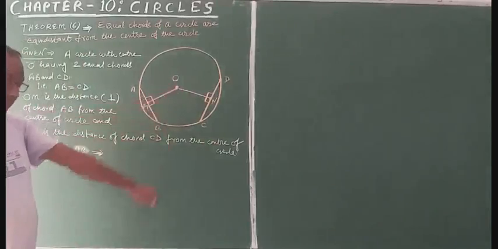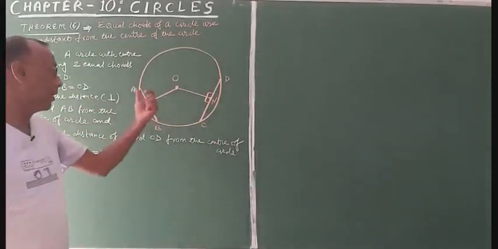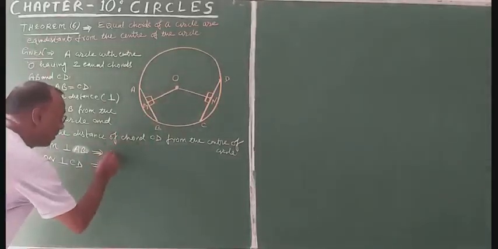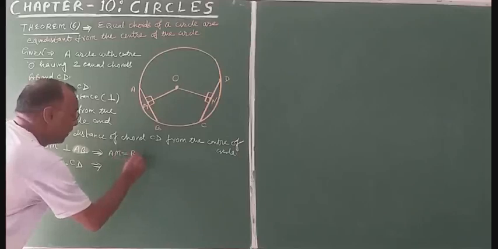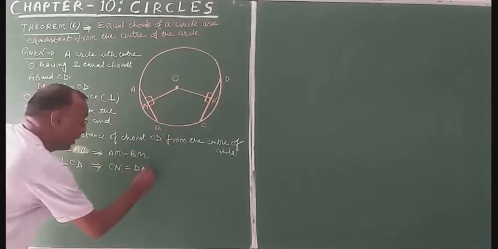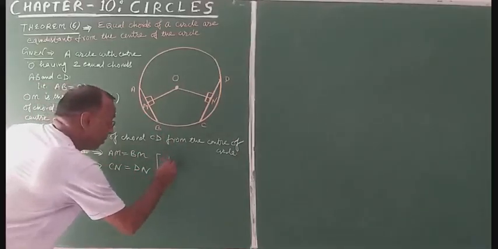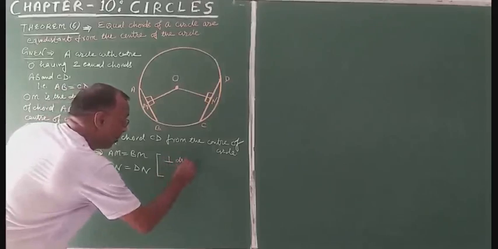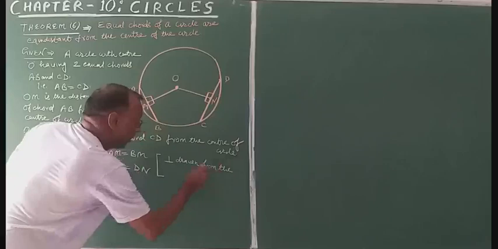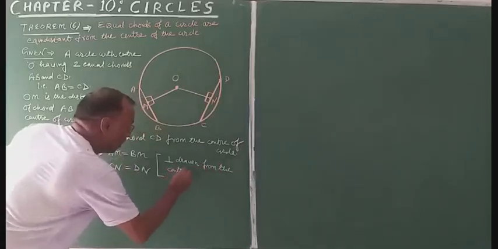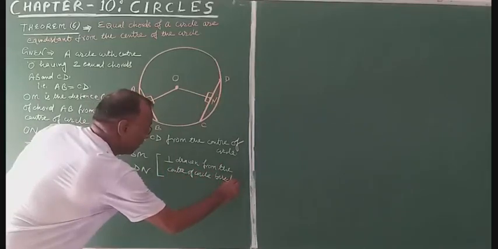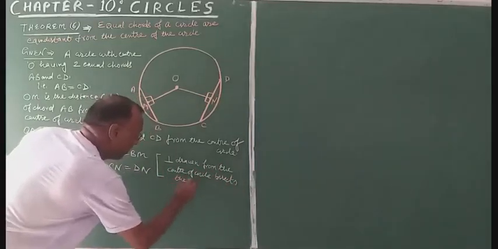And there is a theorem: perpendicular from the center bisects the chord. Therefore, AM will be equal to BM and CN will be equal to DN, because perpendicular drawn from the center of circle bisects the chord.